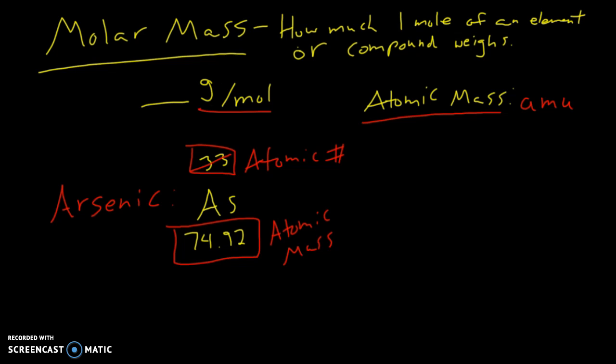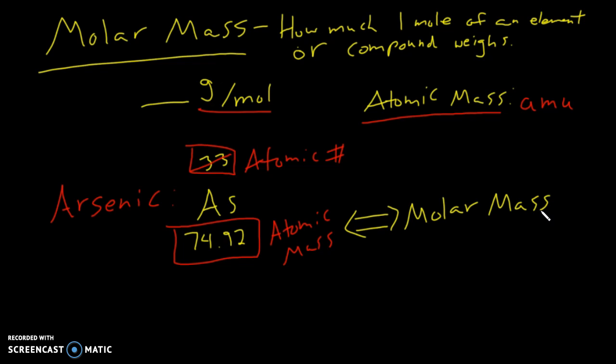This is something that we're going to use because atomic mass and molar mass are related. Because of how we define molar mass, you can use atomic mass and molar mass interchangeably.